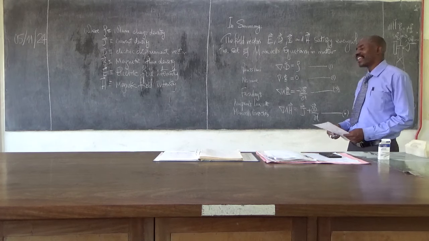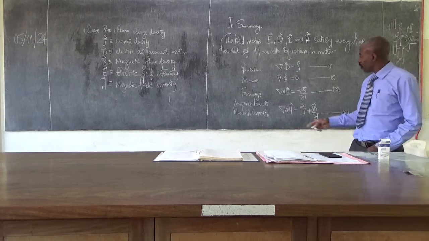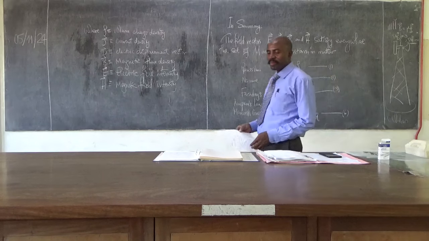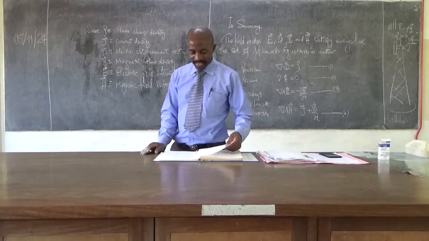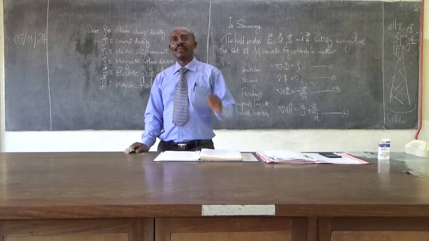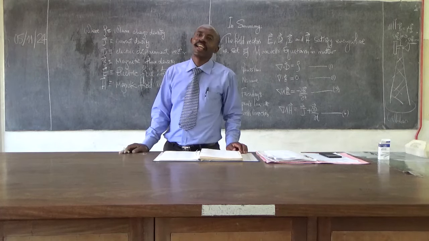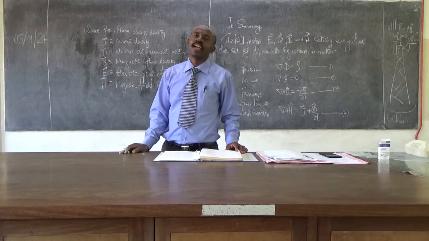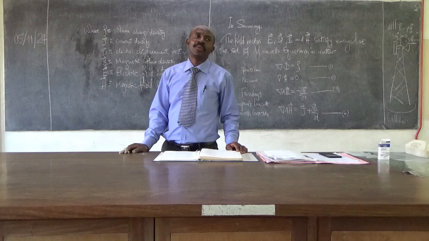Which operator? The Del operator? The gradient operator is an operator, it doesn't make sense on its own. Does the order of arrangement of those equations matter when you ask that question? Do you think it matters?